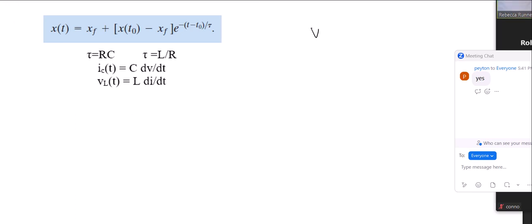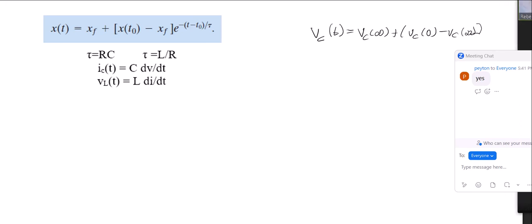You have that VC of t, for instance, equals VC at infinity plus VC at 0 minus VC at infinity times e to the minus t over tau.